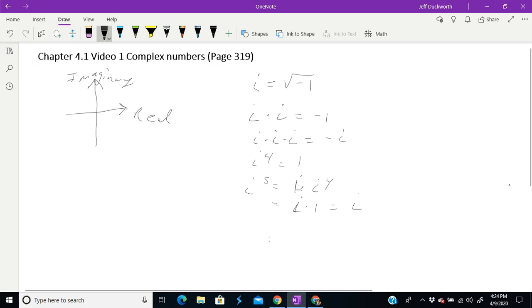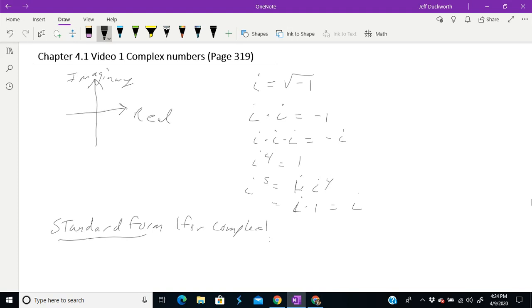So that's how the imaginary number works. We have a standard form for complex numbers, and that is a plus bi, where a and b are real numbers.